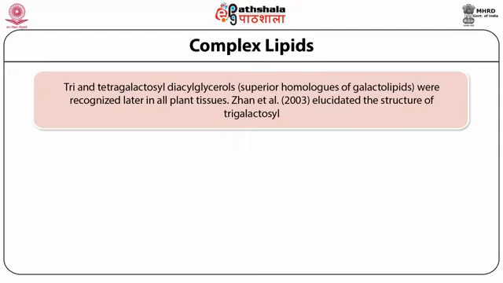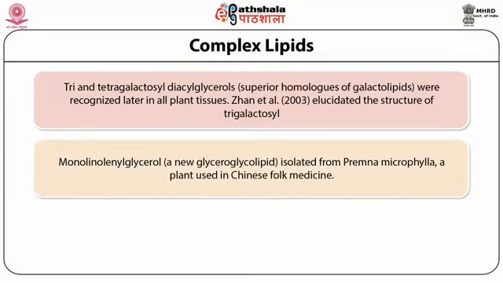In 2003, the group led by Zhang elucidated the structure of trigalactosyl monolinolenylglycerol, a new glyceroglycolipid isolated from Premna microphylla. Premna microphylla is a plant used in Chinese folk medicine.